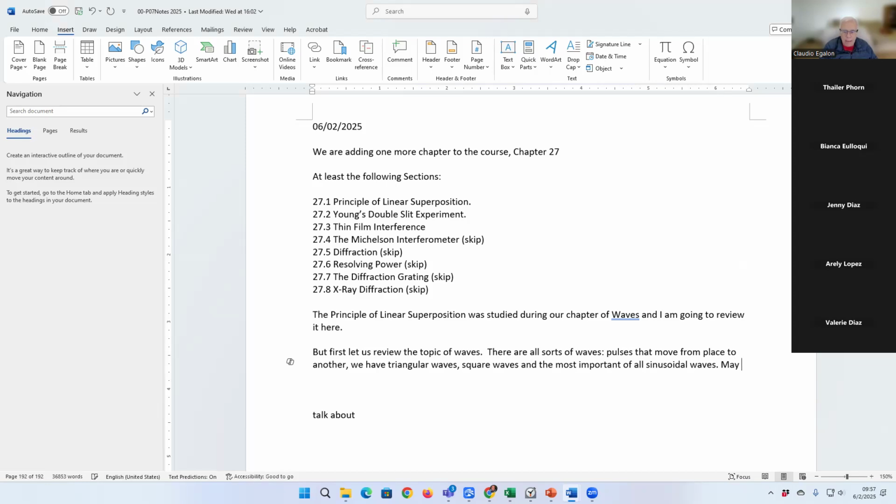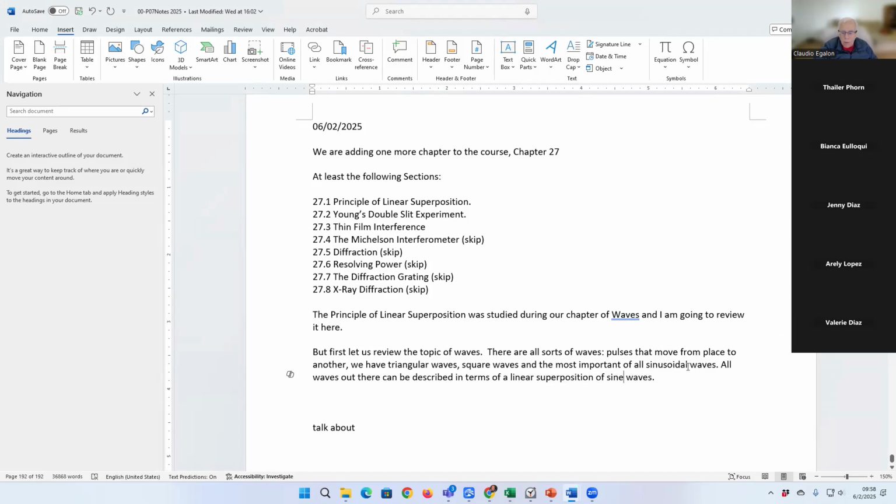Okay, many waves out there can be described in terms of a linear superposition of sine waves. That's why I would say, not many, all waves out there can be described in terms of a linear superposition of sine or cosine waves.